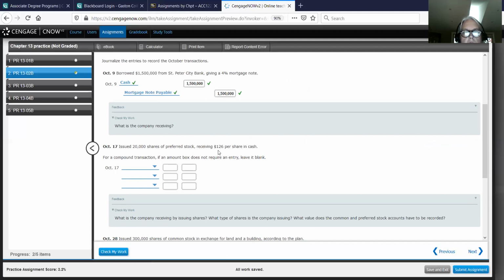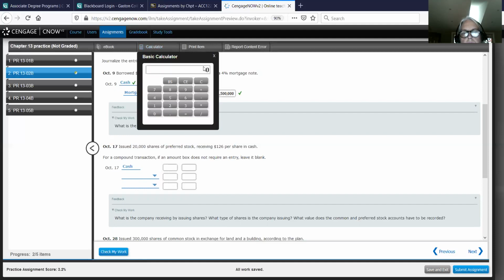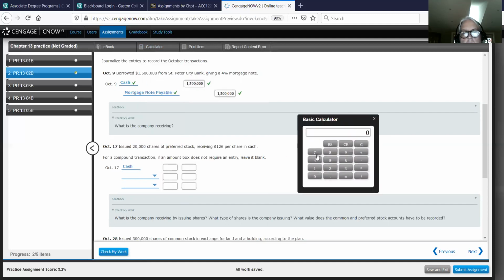And the amount of the cash that we're going to receive is $126 per share. So on October the 17th, we're going to create a journal entry where we debit cash for the amount of the cash received. And so if you will take 20,000 shares, which is the shares that we're going to issue, these are the shares that we're selling to the underwriter at $126 per share.